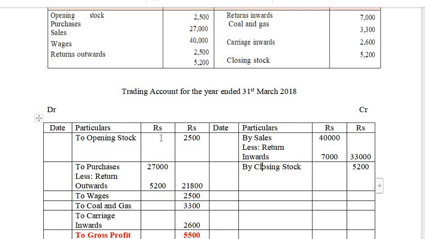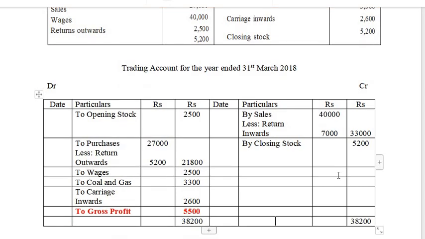Then you have to total the debit side and the credit side. On the credit side or right hand side, the total you are getting is 38,200. On the debit side, if added together, the amount will be less compared to 38,200.